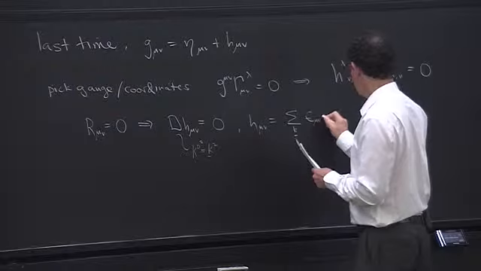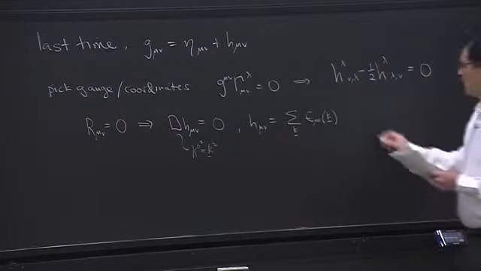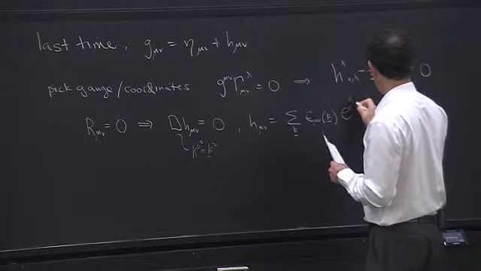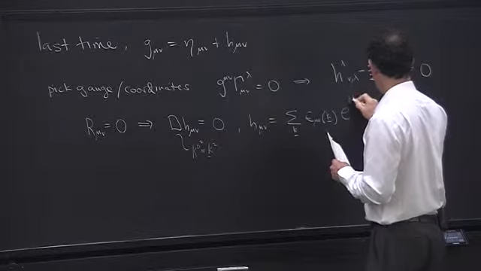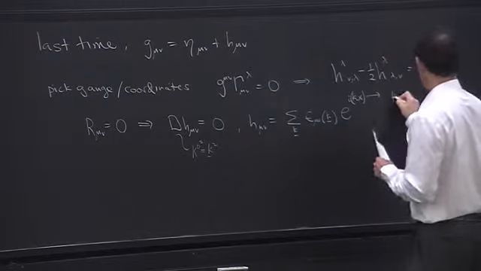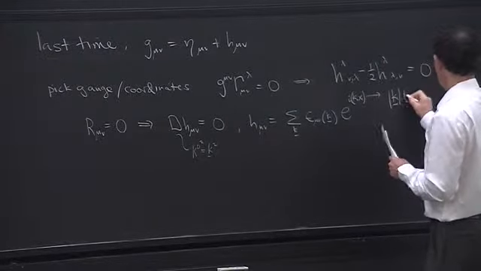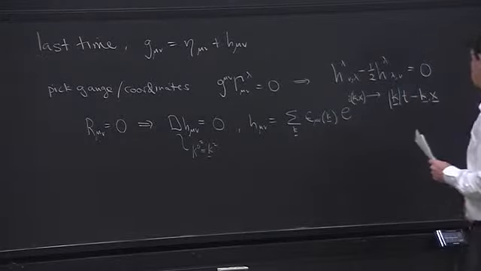Epsilon mu nu of k, this is the spatial wave number, times e to the i k dot x. And if you ask what is this exponent, if we write it out explicitly, it's the magnitude of k times t minus k dot x.